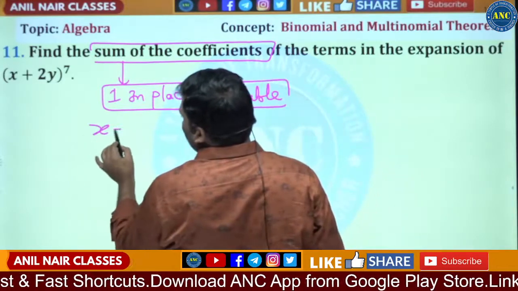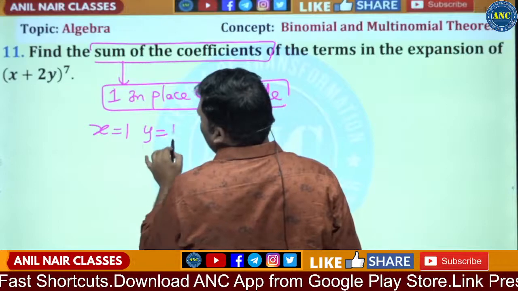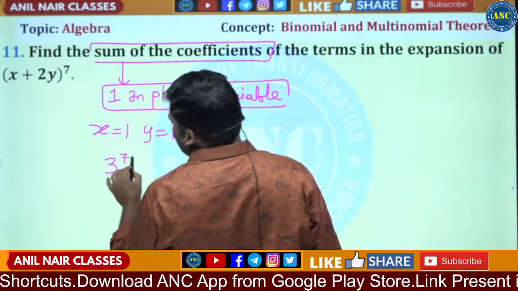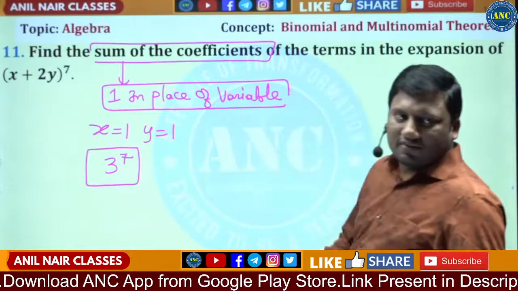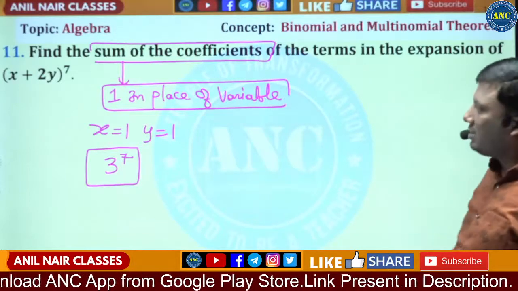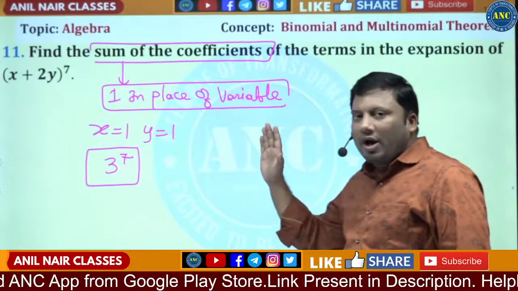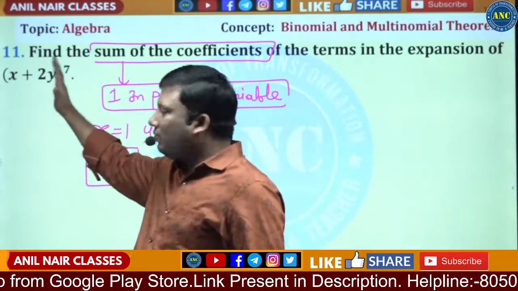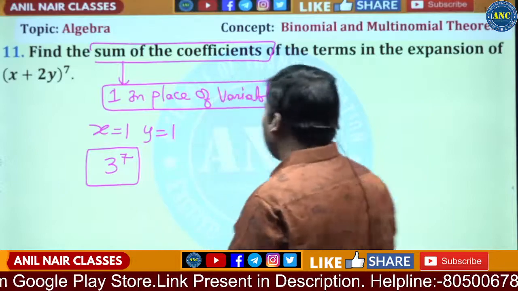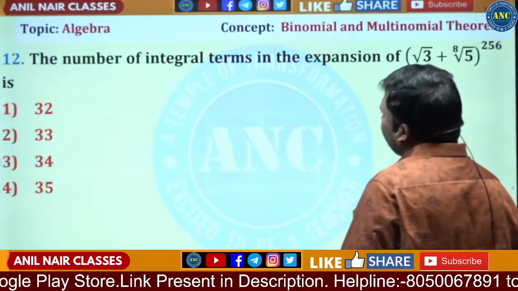So x value 1 and y value 1. 1 plus 2 is 3. So the answer for this question is 3 power 7. Sum of the coefficients is obtained by keeping 1 in place of every variable.